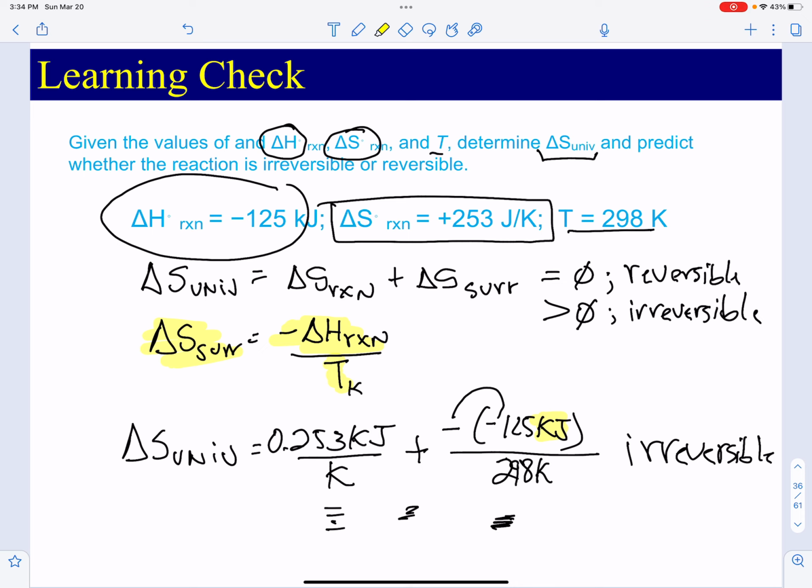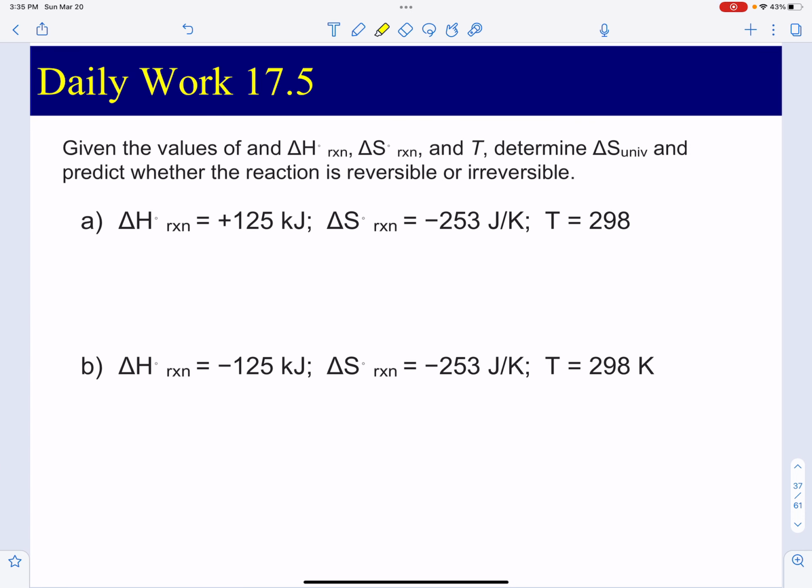Bigger than 0, it's going to be irreversible. And remember that you have to take into consideration that negative times negative is positive, positive times positive is positive, negative times positive is negative. So keep that in mind. So with that in mind, go ahead and do those two problems.